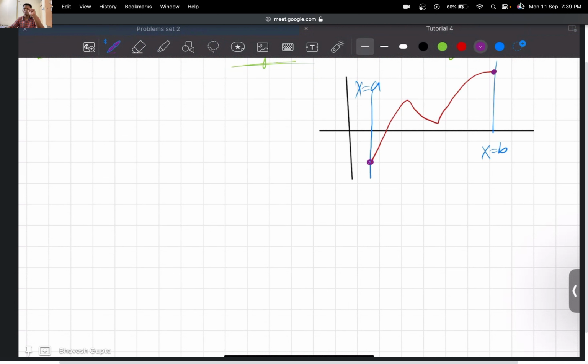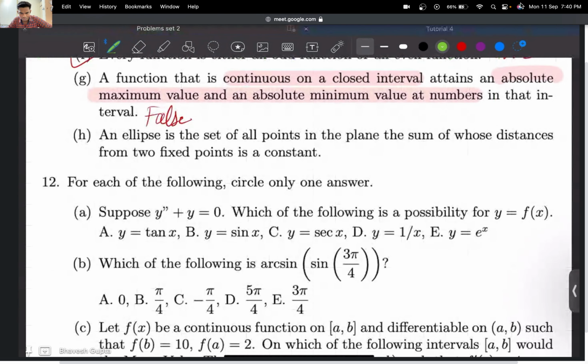But the local maximum and local minimum will be inside the boundary points. Honestly speaking, even this is also a local, but we don't consider them to be local. But might be. So that statement is wrong, because you can have the absolute maximum and minimum at the boundary, not just inside the interval. You have to be very cautious.